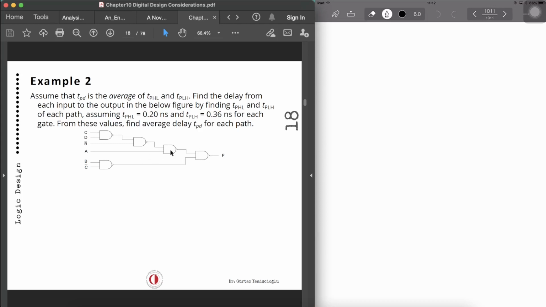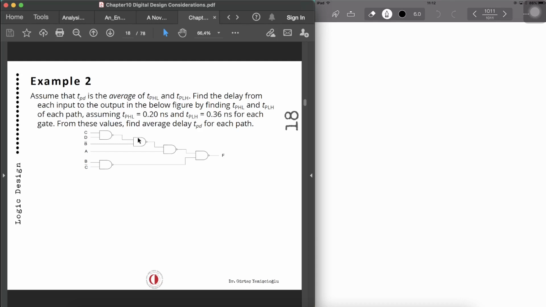A has to go through 1, 2 gates, and B, C prime has to go through 1, 2 gates. So they might give us different delays. Only A and B, C prime are going to give us the same delays because they are going through 2 stages. But these ones are going to be different. So there are 2 ways of solving this question. One of them, which I believe is simpler than the other one.